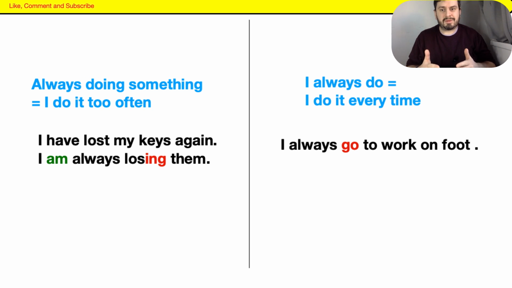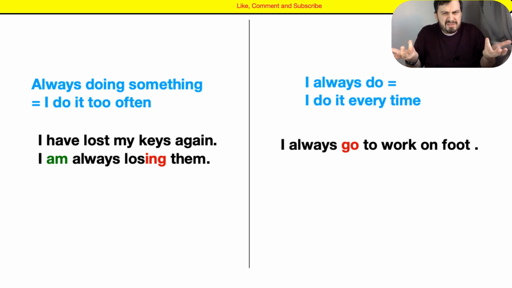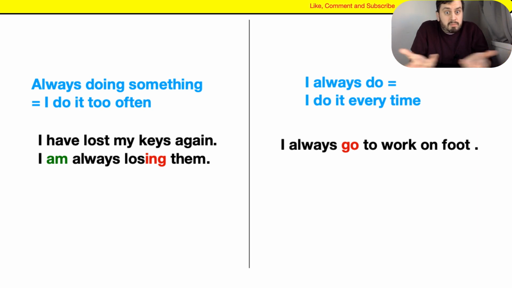But we can also use always with present continuous when we want to say that we do something too often, when we say that it's a little bit annoying, maybe it's a negative thing. I've lost my keys again. I'm always losing them. I'm always losing my keys. Yes, I always lose my keys, but it's a negative thing. I'm always eating chocolate. But maybe that's a good thing. What do you think?